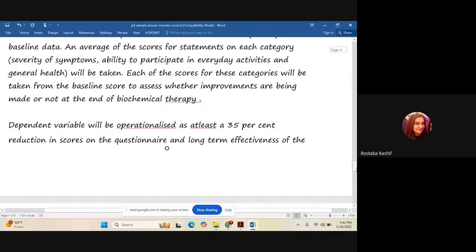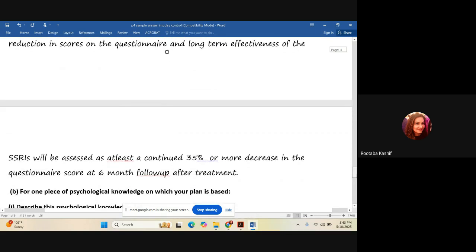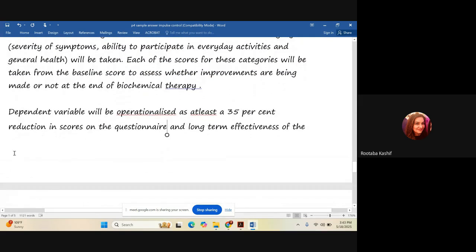Let's check. Okay. 35% reduction in scores. A better way would have been that the dependent variable will be the scores on the questionnaire, and the success of SSRIs would be operationalized with at least a 35% reduction in score.